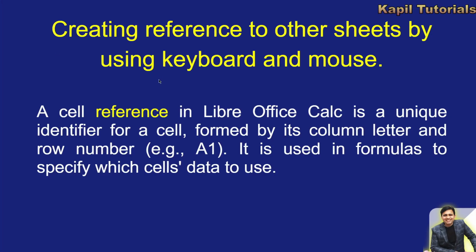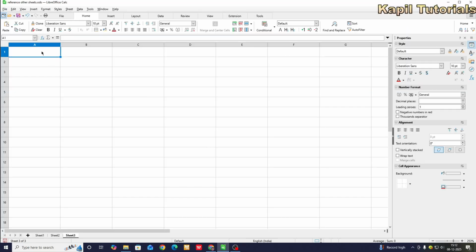Now according to the topic, we have to give the reference, that is, which cell we have to use. For example, if 1, 2 is written here and I want to add these numbers, this has been explained earlier also, but just for example I am telling you. For example, A1.